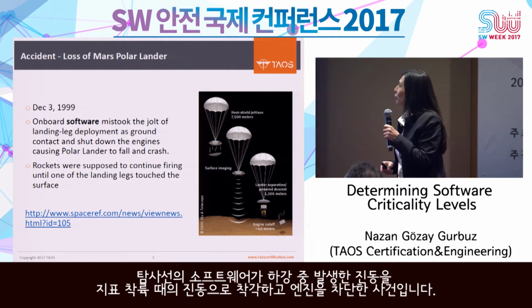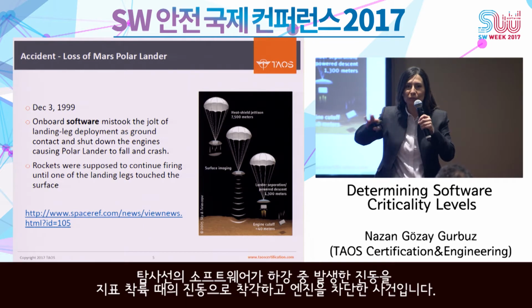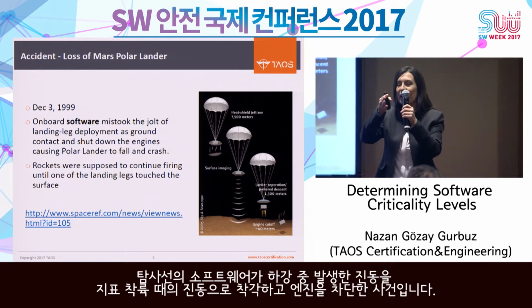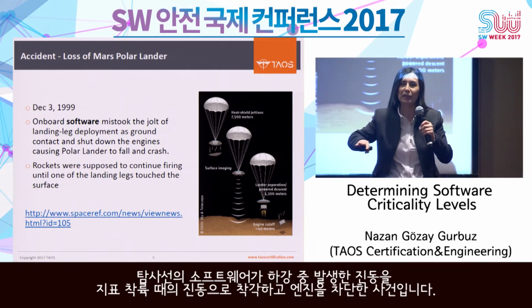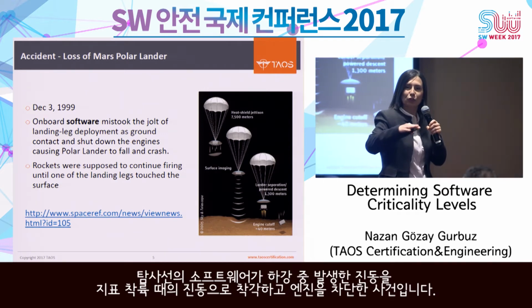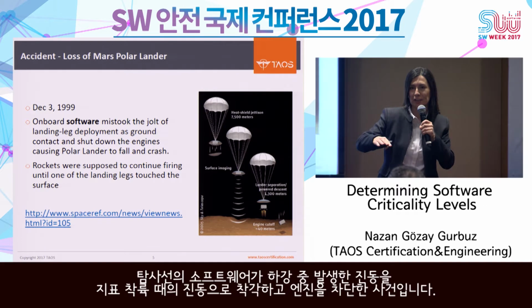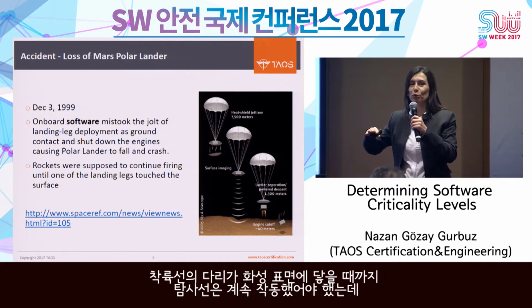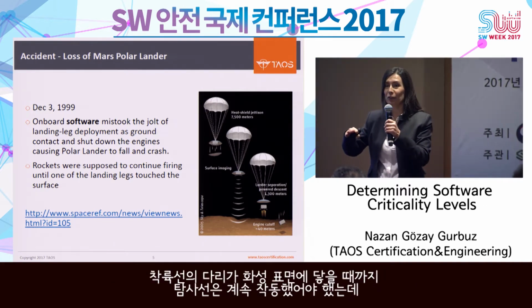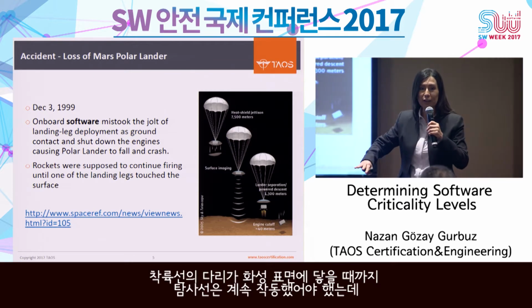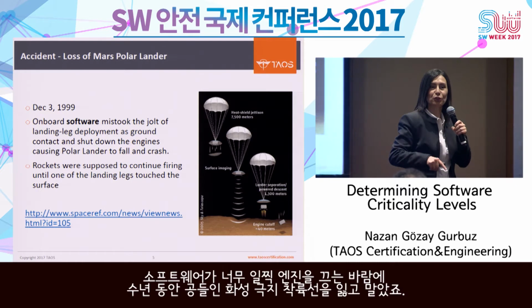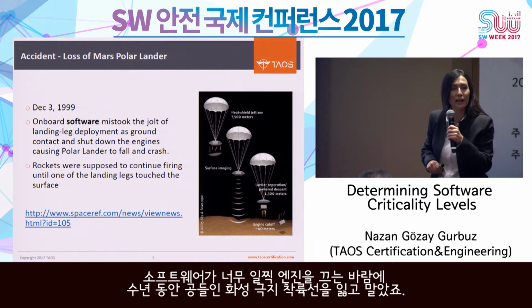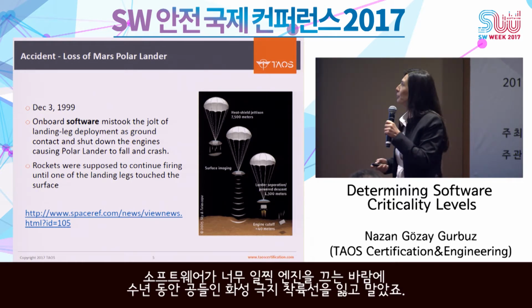The onboard software mistook the jolt, the vibration of landing leg deployment, as ground contact. Software shut down the engines. The rockets were supposed to continue until one of the landing legs touched the Mars surface, but software did it earlier and caused the loss of Mars Polar Lander after years of research.